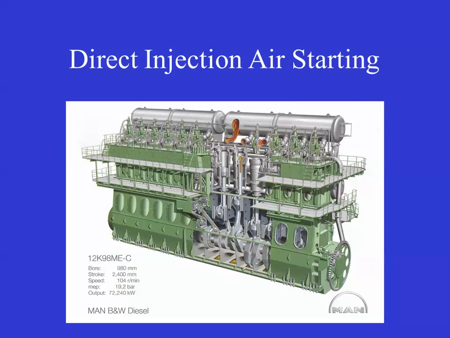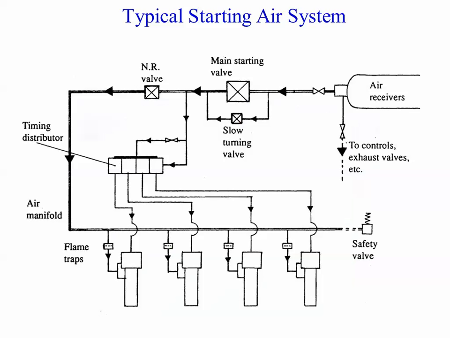Now, if you're talking a large slow-speed engine, I've seen the tanks as large as about 15 foot in diameter and 15, 20 foot long. They can be very, very large tanks. Now, in this drawing, you see the air receiver, and then you see a main start valve and a slow turning valve. The slow turning valve would typically only be found on a propulsion diesel.